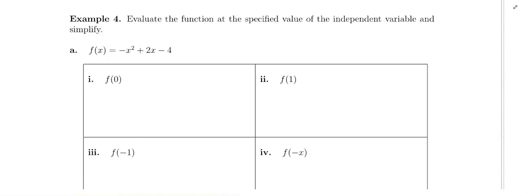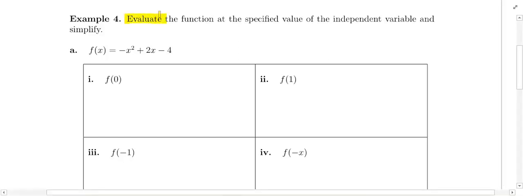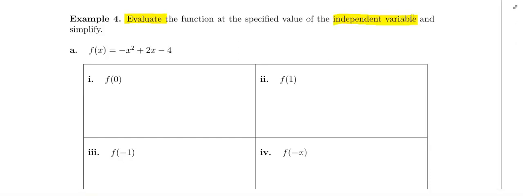I think sometimes in algebra students struggle with language, so make sure you understand the word evaluate. If you see that somewhere, that means you're going to plug something in and get something out. If you see independent variable, don't let that bring you down. That just means x. You're going to plug something in for x and get something out.